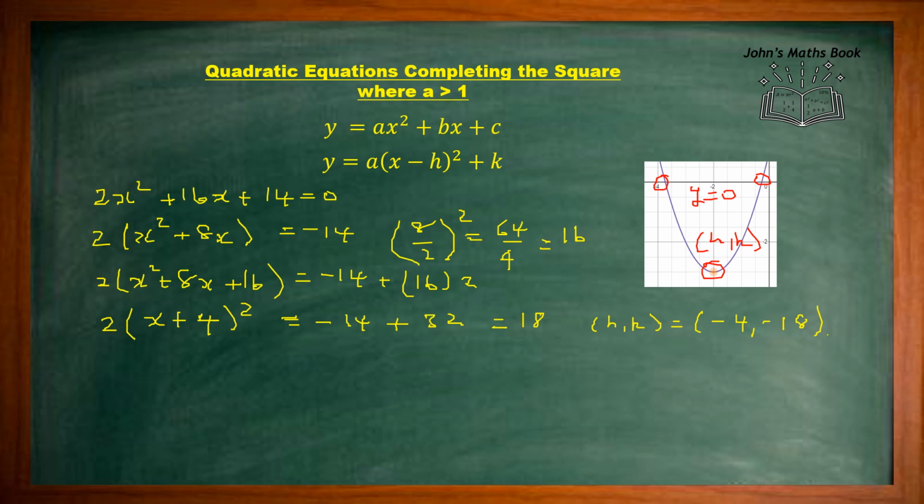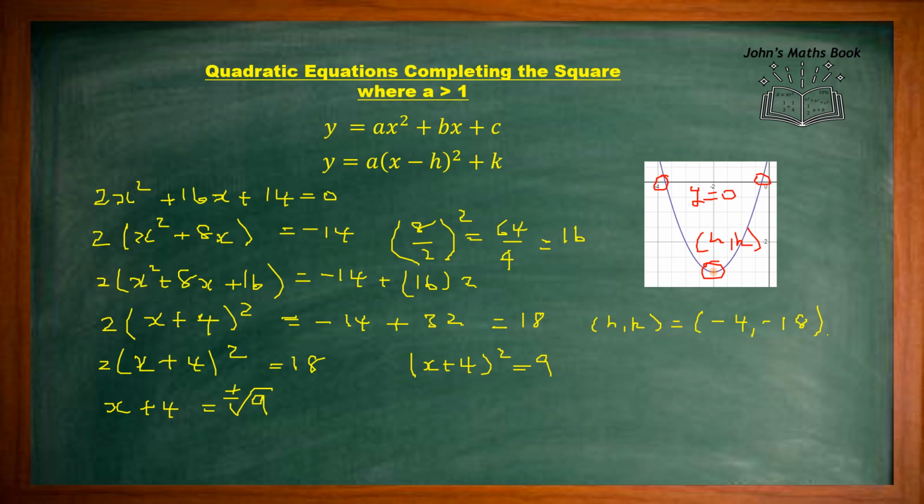So now we can solve the quadratic and find the roots. So we have 2 into x plus 4 all squared equals 18, which is the same as x plus 4 all squared equals 9. So if we square root both sides, we get x plus 4 is equal to plus or minus square root of 9.